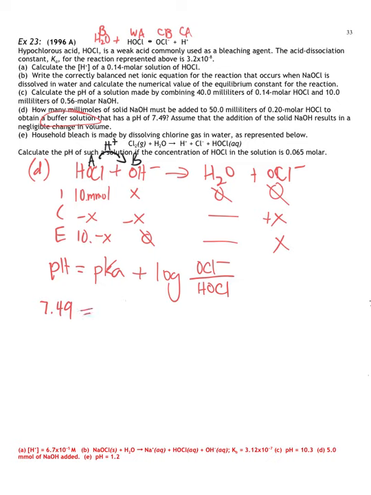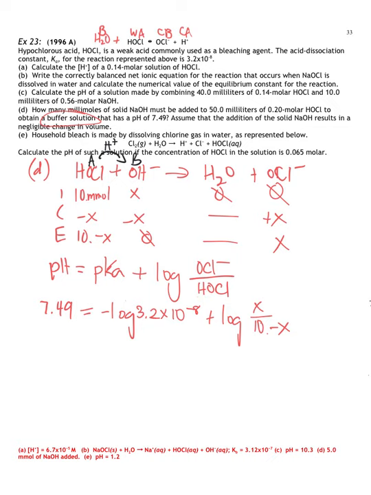I know my Ka is 3.2 times 10 to the negative eighth. And then I can just log whatever is in there, which is my conjugate base is X, and then 10 millimoles minus X. So this is all in millimoles, by the way, and that's why I like labeling, knowing what is my unit that I ultimately will end up for X.